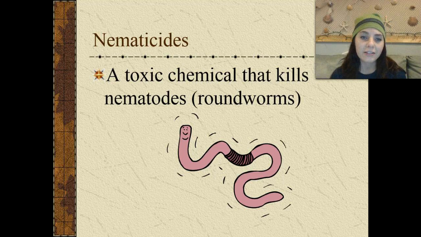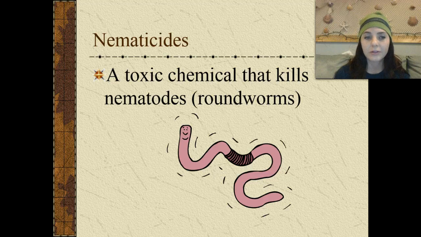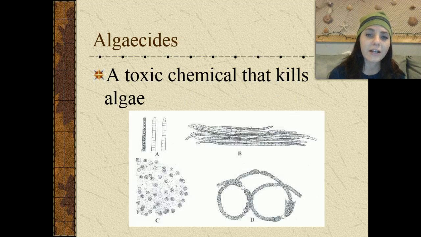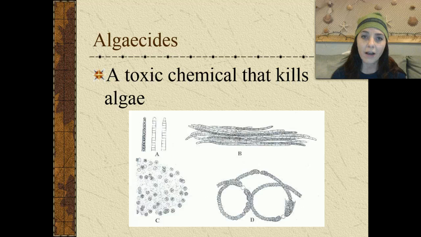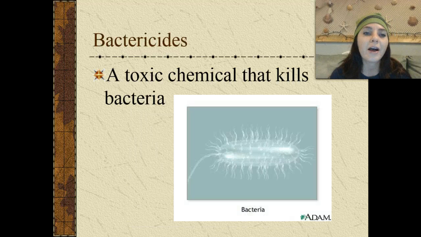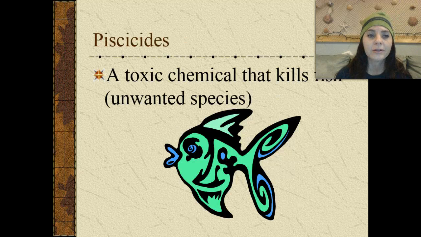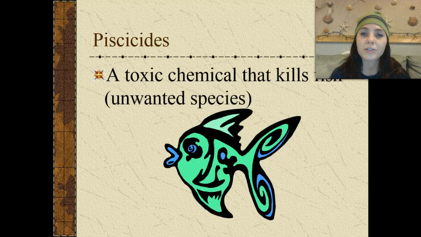We have nematicides, which are toxic chemicals that kill nematodes, or roundworms. We have algaecides, which are toxic chemicals that can kill off algae. A lot of times we actually use those in fish containers. We have bactericides, which are toxic chemicals that can kill bacteria. We have piscicides, which are toxic chemicals that kill off unwanted fish.